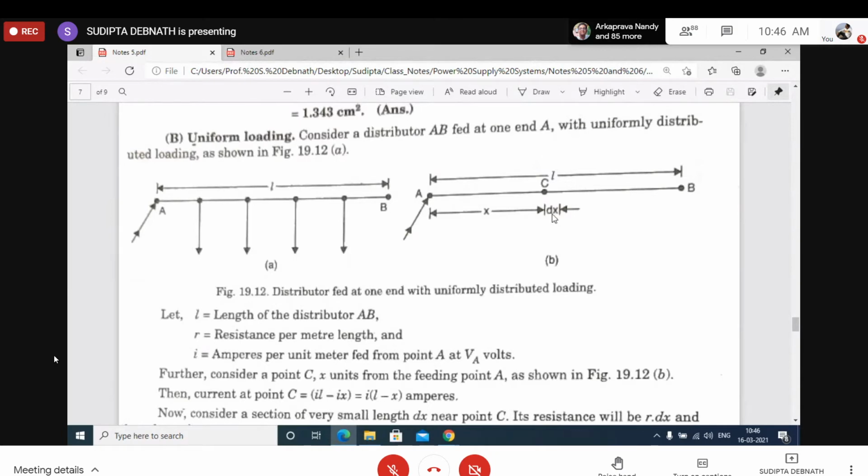Voltage drop in this section is current into the resistance. What is the resistance of this section? r into dx, because r is the resistance per meter length. What is the current in this section? It is iL minus ix. So what is the voltage drop in this section? iL minus ix into r dx.